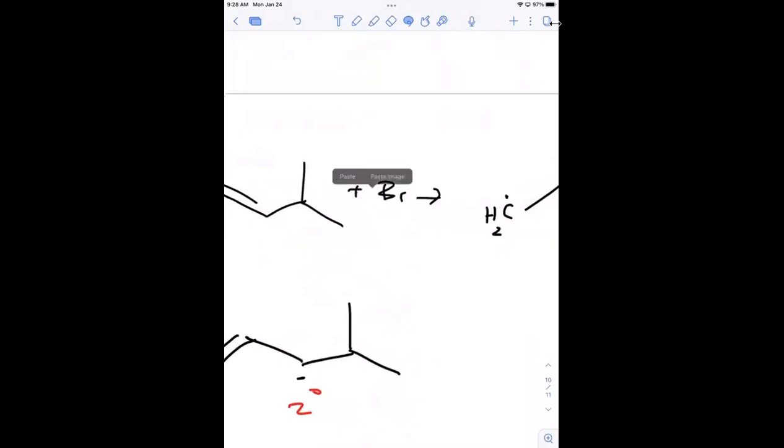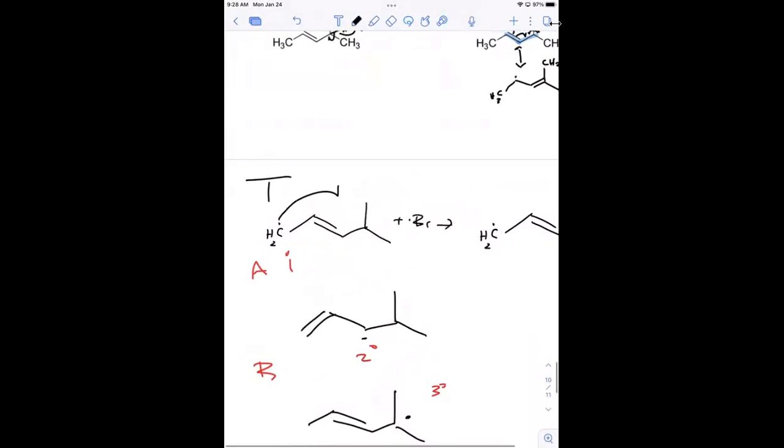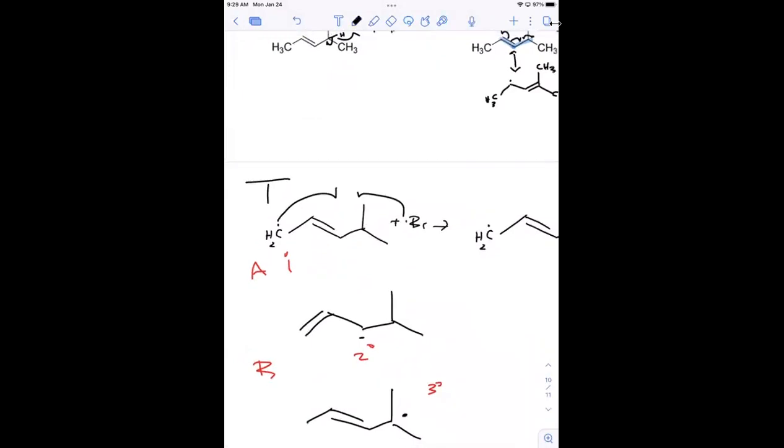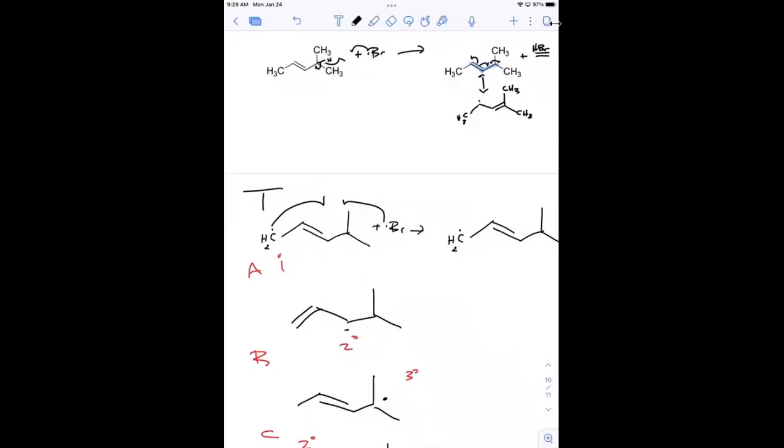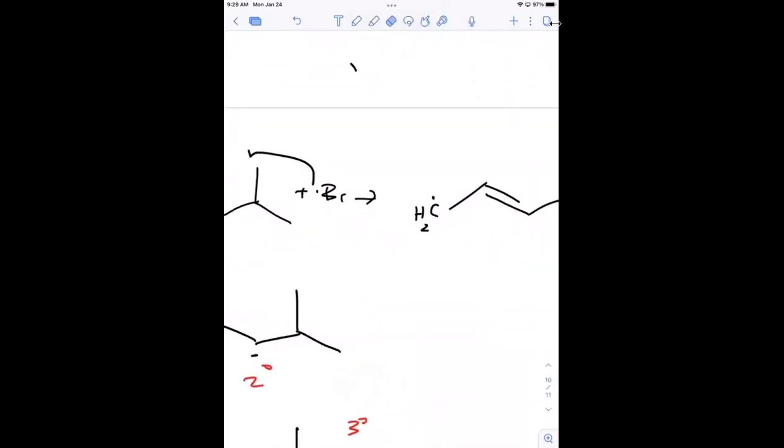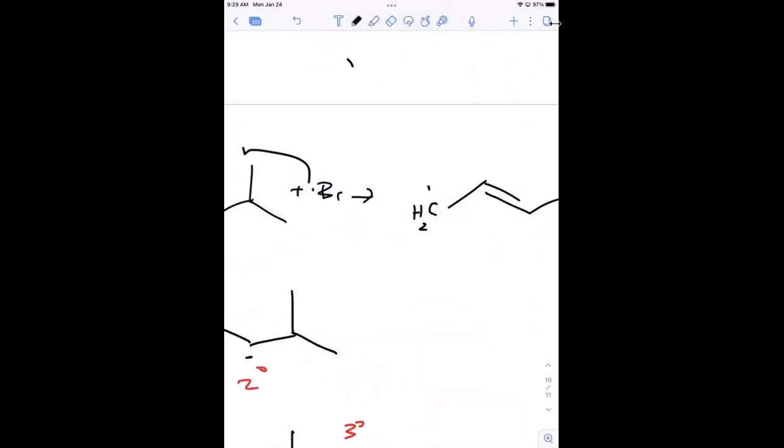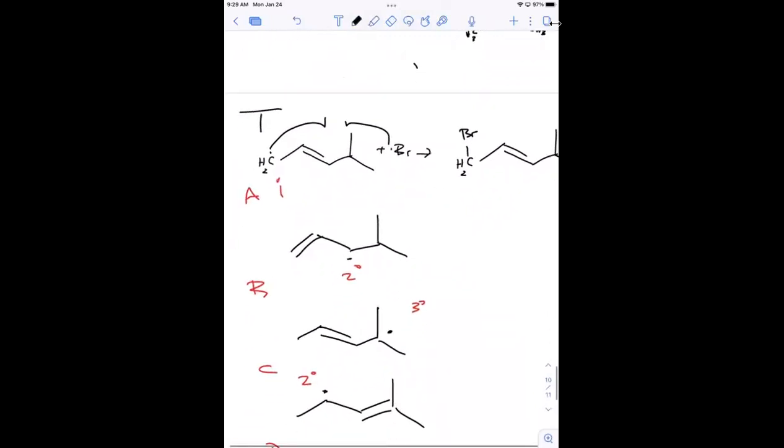There's a radical here, and those two are just going to come together like so. Without the arrows, it's not a mechanism. You're just writing stuff. So make sure when you're writing out mechanisms that you use arrows and don't just draw stuff and draw intermediates and things like that. You've got to put the arrows in. So that's that. Then I'm going to take the second one and terminate that one.